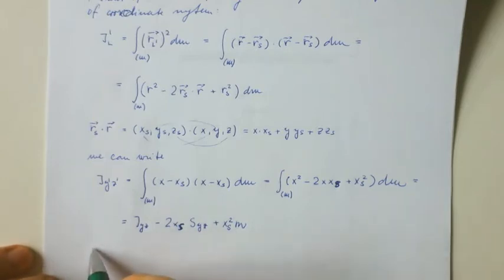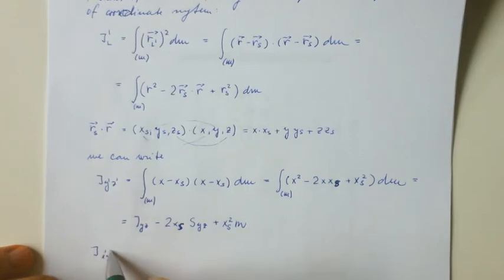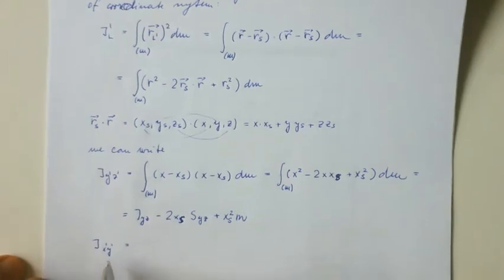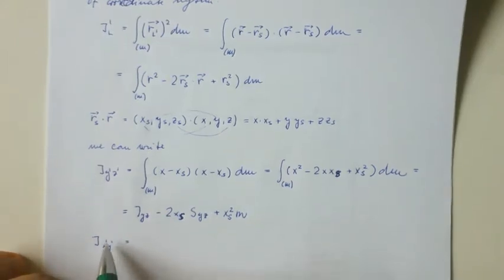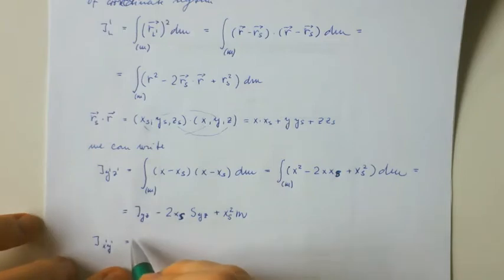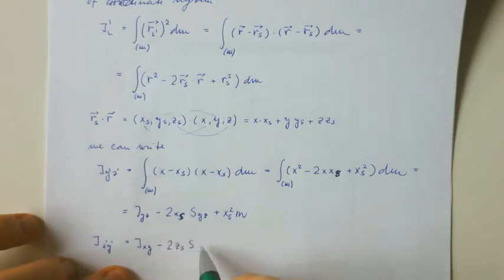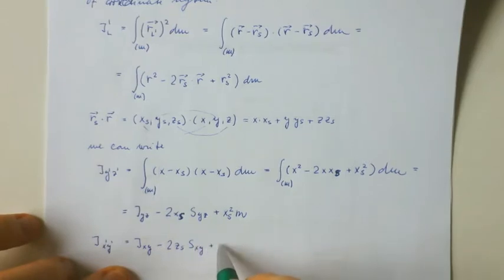Okay, so analogically we can continue in this way, and we can calculate the moment of inertia with respect to plane x, y with primes, and correspondingly it must be Jxy minus 2 zs by Sxy plus zs square m.